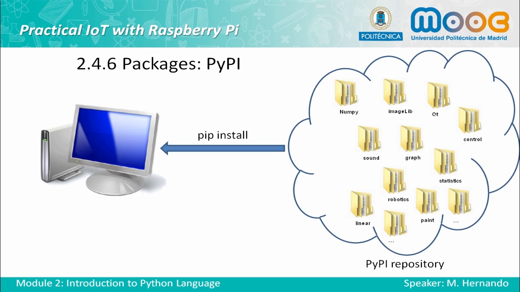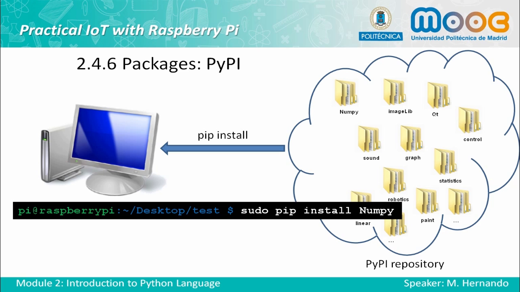For example, there is a very famous package named NumPy that gives you a lot of mathematical functions. If you want to use it, you can retrieve the package very easily. You only have to write in a shell pip install numpy. The pip tool will make the package accessible to your Python scripts or programs just by importing it in them with the import statement. I recommend you check the Python official page for more information.